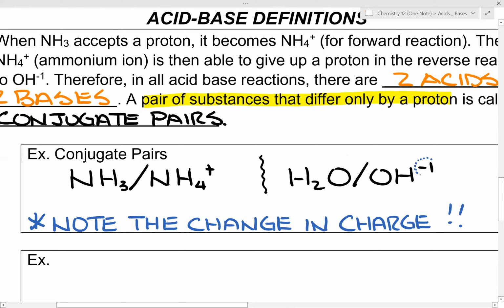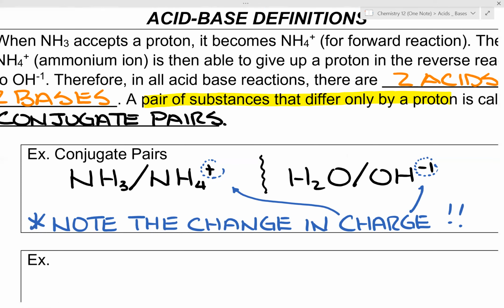Notice what happens when we add or take away a proton. When you add a proton, not only do you increase the number of hydrogens, but you increase the charge. If you take away a hydrogen, not only do you remove a hydrogen, but you take away a charge.